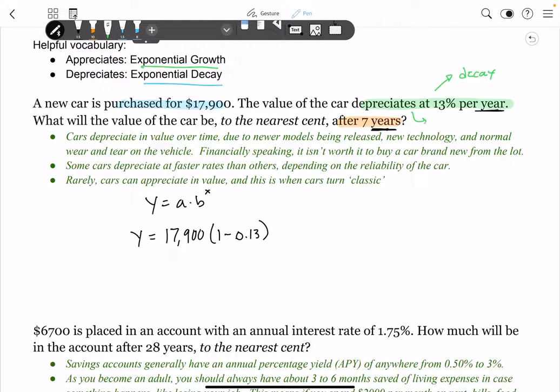If it's depreciating, we're going to subtract from 1. And then notice that I converted the percent to a decimal. You're always going to want to do that. Remember, we never use percents in problems. We always convert them to decimals.